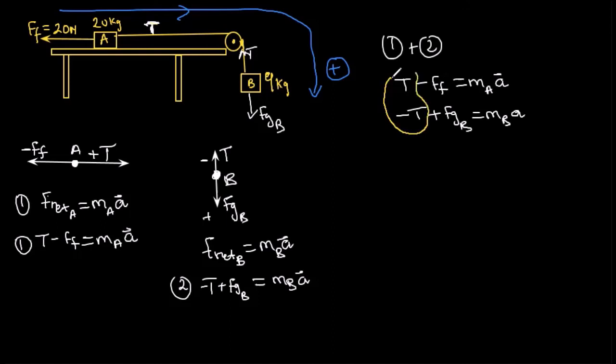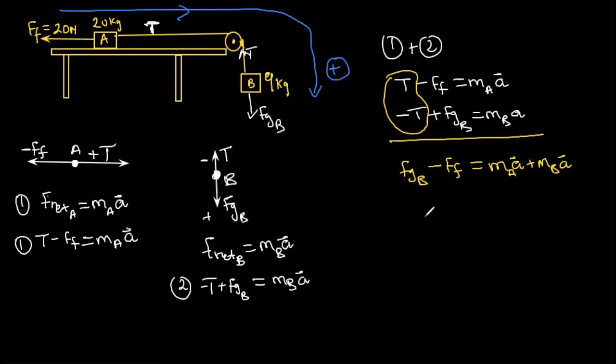In this case you can see that you've got positive and negative tension, so when you add those two equations together, the tensions will cancel and you will end up with positive force of gravity of B minus the force of friction, and this is equal to mass of A times the acceleration plus mass of B times the acceleration as well.